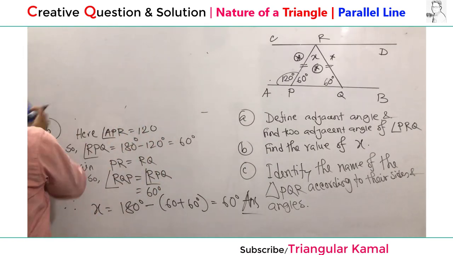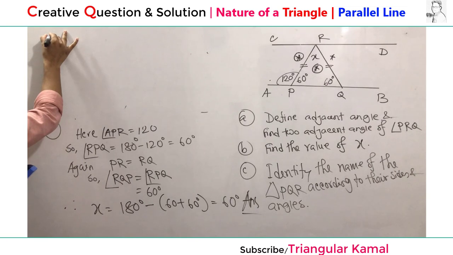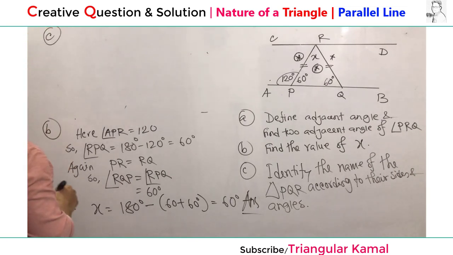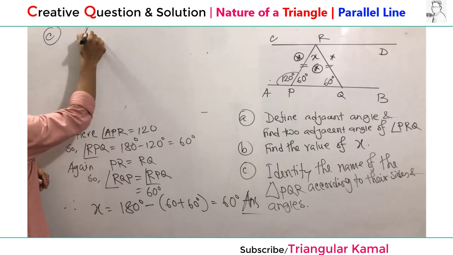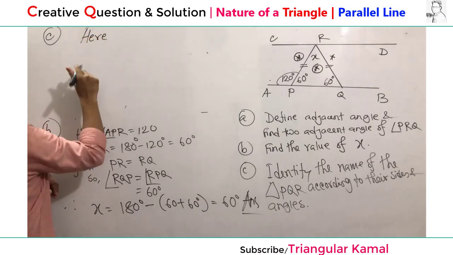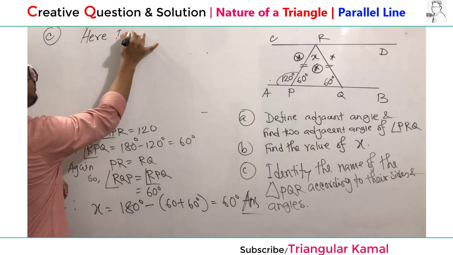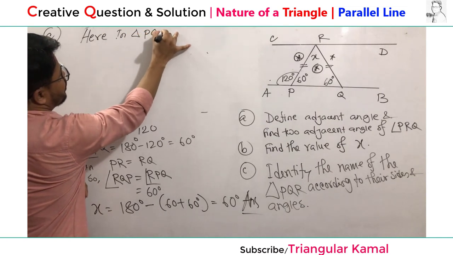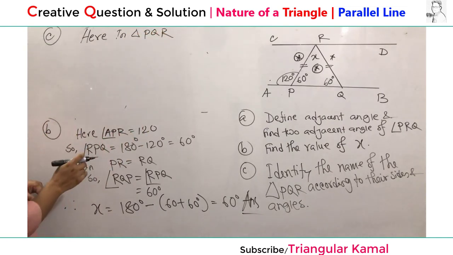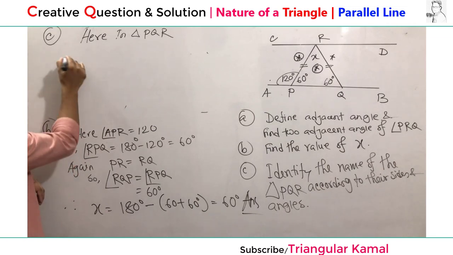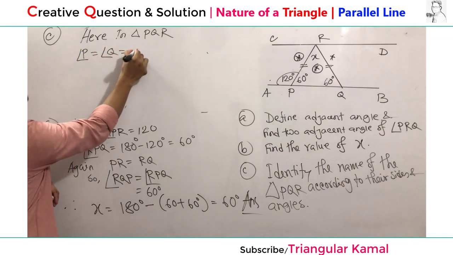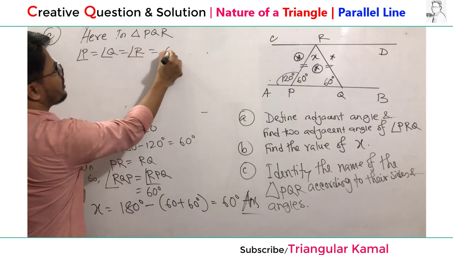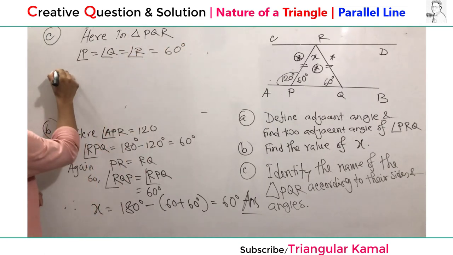Question number C answer. If we try to formally answer question number C, here in triangle PQR, angle P equals angle Q equals angle R, all are 60 degrees.